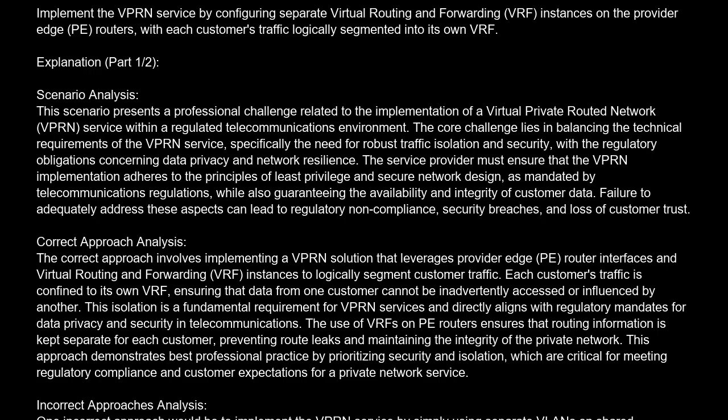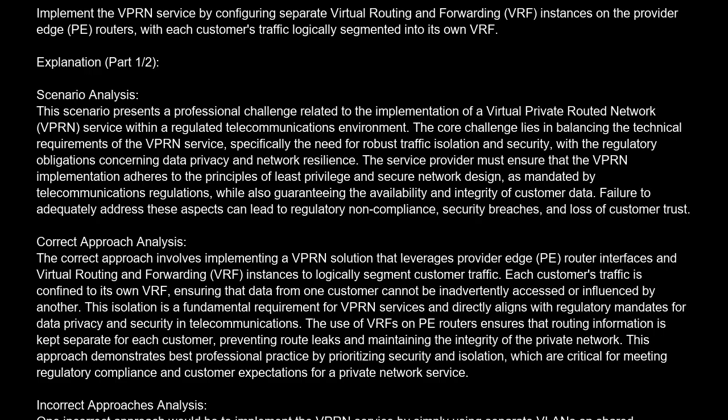Explanation. Scenario analysis. This scenario presents a professional challenge related to the implementation of a virtual private routed network, VPRN service, within a regulated telecommunications environment. The core challenge lies in balancing the technical requirements of the VPRN service, specifically the need for robust traffic isolation and security, with the regulatory obligations concerning data privacy and network resilience.